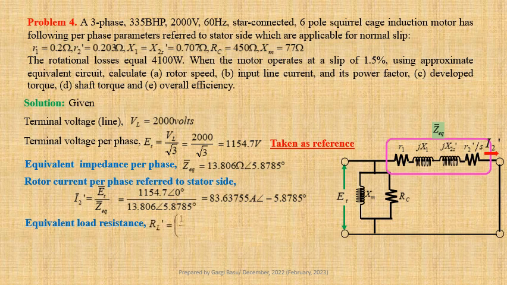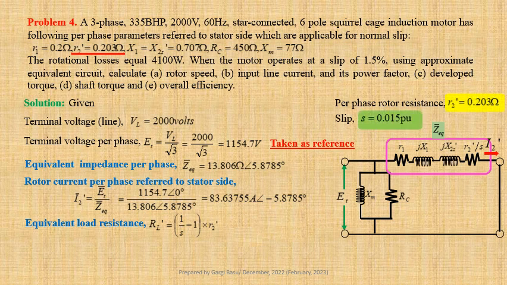Now we shall calculate equivalent load resistance referred to stator side. RL dash equals (1 upon S minus 1) into R2 dash. Given per phase rotor resistance referred to stator side, R2 dash equals 0.203 ohm and slip S equals 0.015 per unit.